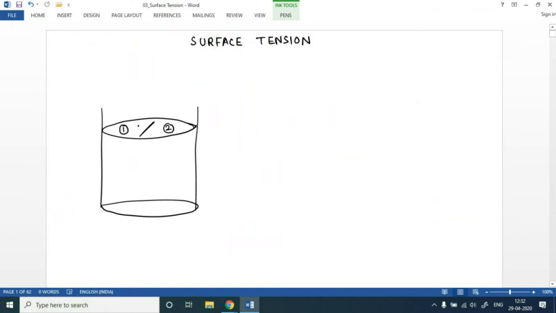Let's say this is F21, that is, the force on part 2 exerted by part 1, and an equal and opposite force F12 would be exerted by part 2 on part 1. So clearly F21 is nothing but minus F12.